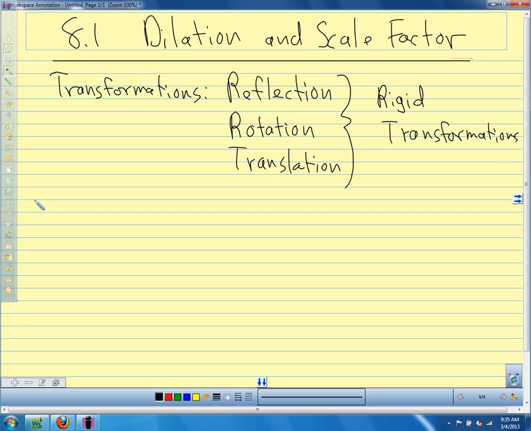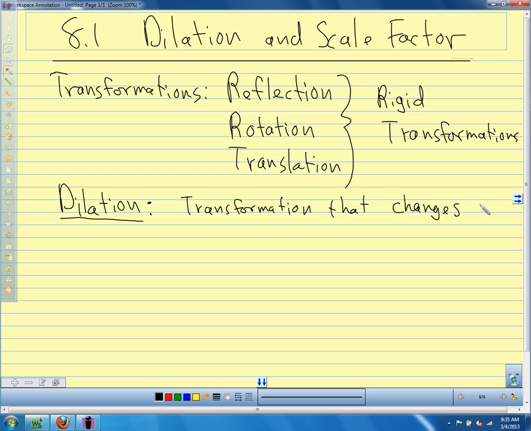We're going to talk about a new kind of transformation in chapter 8. Chapter 8, we're talking about dilation. And a dilation is a transformation that changes the size of a figure or an object.